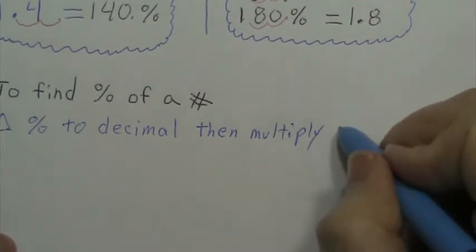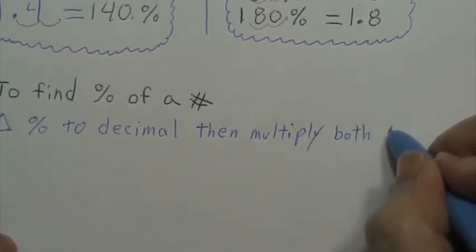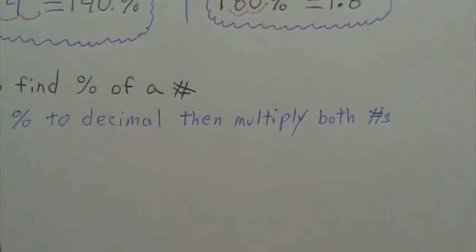Okay, and I should say both numbers. And I'm going to, again, abbreviate numbers. Put a little S at the end.